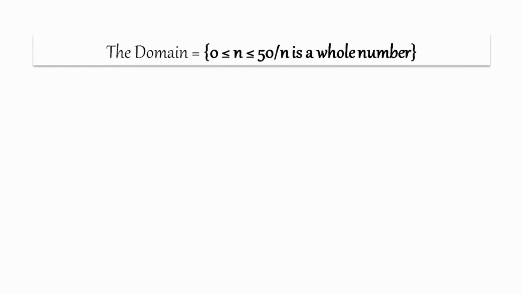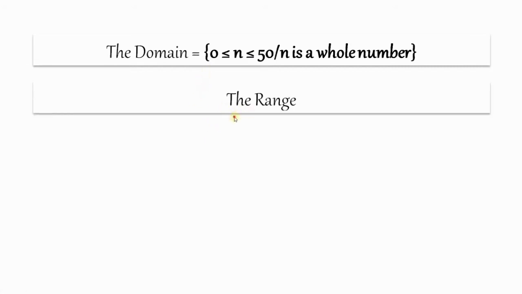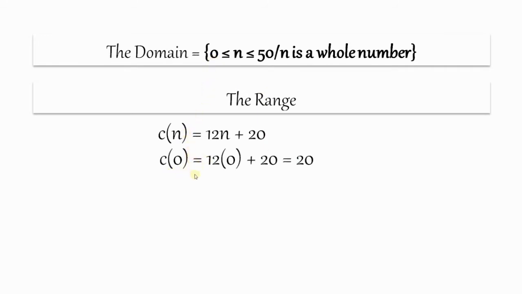That is the domain. Now, in order to determine the range, we take the two extreme limits and use them in our function, then we will know the limits of the range. Our function is c of n equals 12n plus 20. Using 0 in the function, c of 0 equals 12 times 0 plus 20, which is just 20.